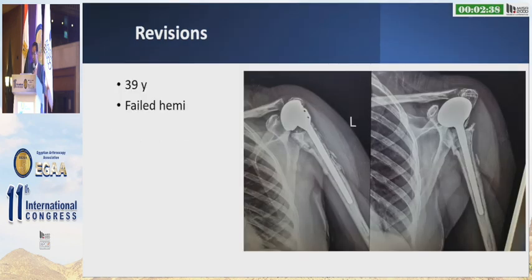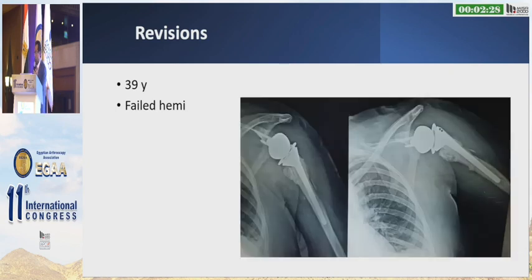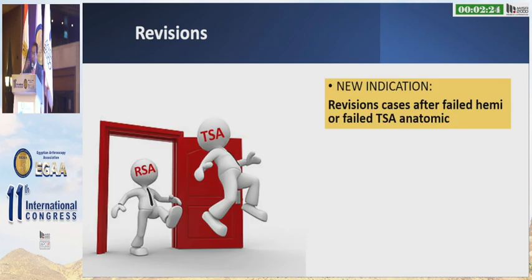This is a case of a young patient, 40 years old, with a 4-part fracture treated with hemiarthroplasty that failed, and I converted her to reverse shoulder replacement. So this is also a new indication for reverse shoulder arthroplasty in revision cases after failed hemi or failed total anatomic shoulder arthroplasty.